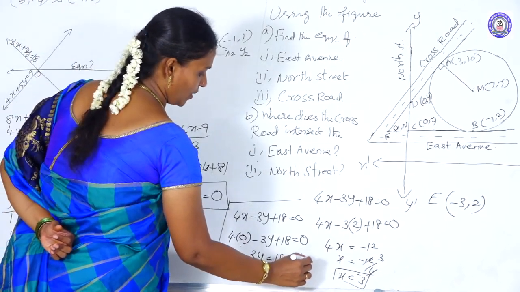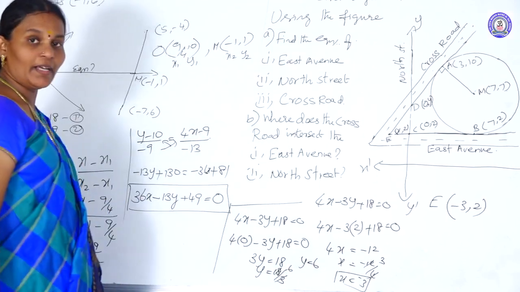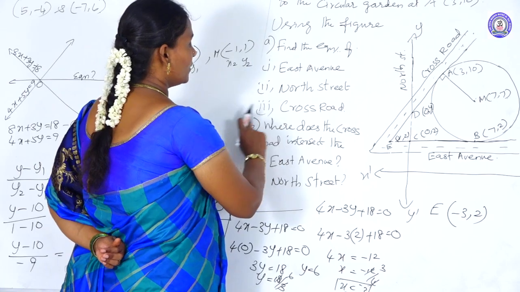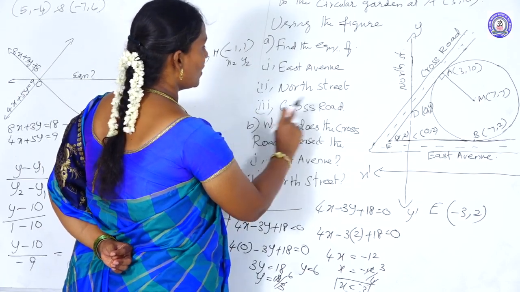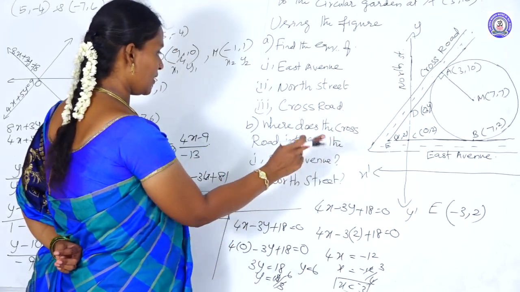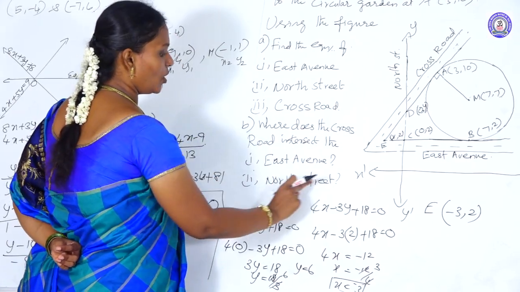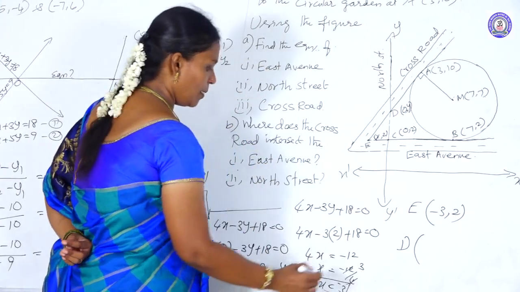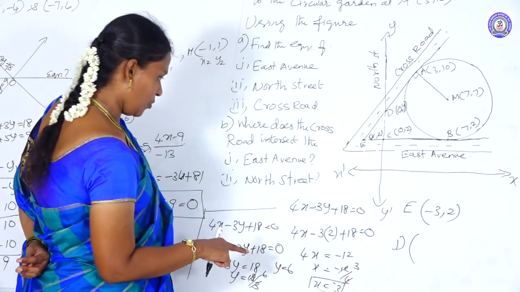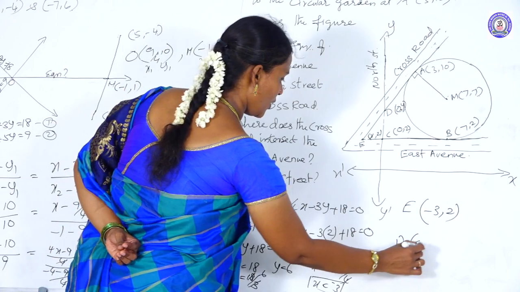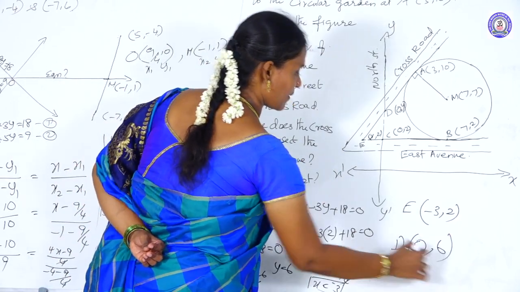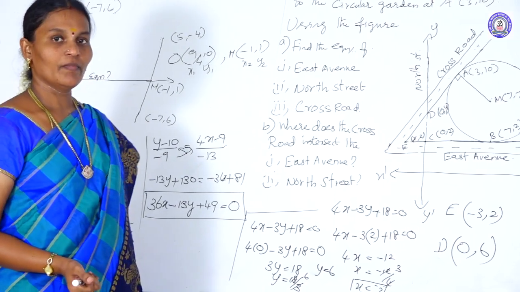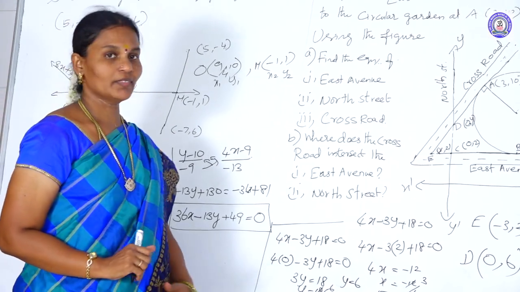So y is equal to 6. So the point of intersection of the crossroad with the North Street is D, (0, 6). Okay, I hope you understand this problem. Okay, thank you.